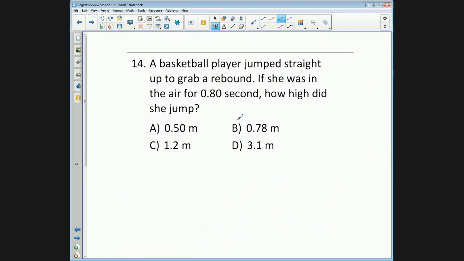Okay. For number 14, a basketball player jumped straight up to grab a rebound. If she was in the air for 0.80 seconds, how high did she jump? Okay. Let's look at this problem. This problem only gives us one variable. T equals 0.80 seconds.